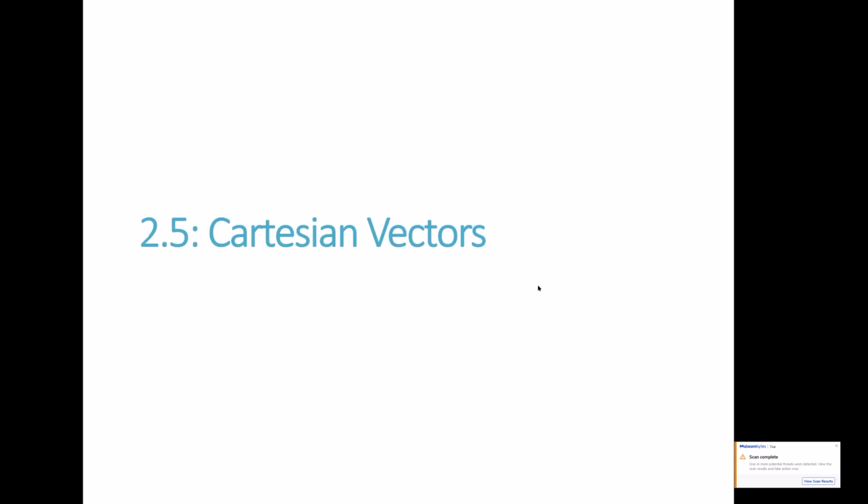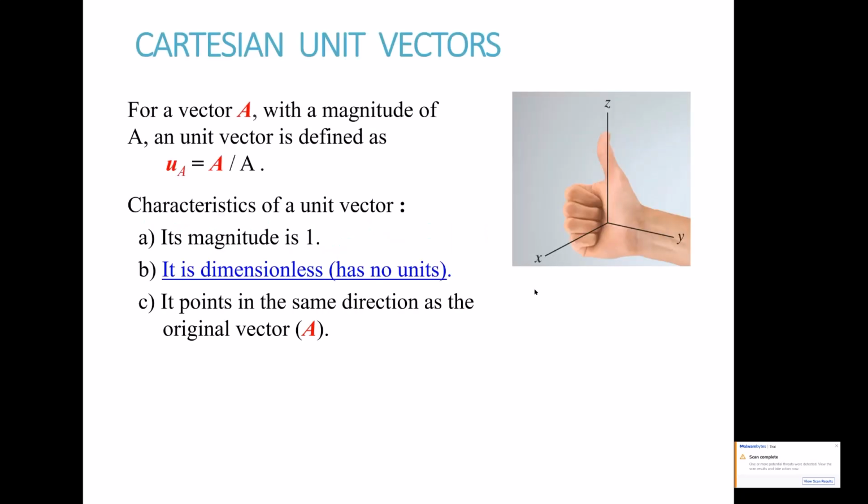Okay, this is where the author defines Cartesian vectors. And what we're going to start with is this idea of a unit vector. One of the main points of a unit vector is that it gives us direction, right?